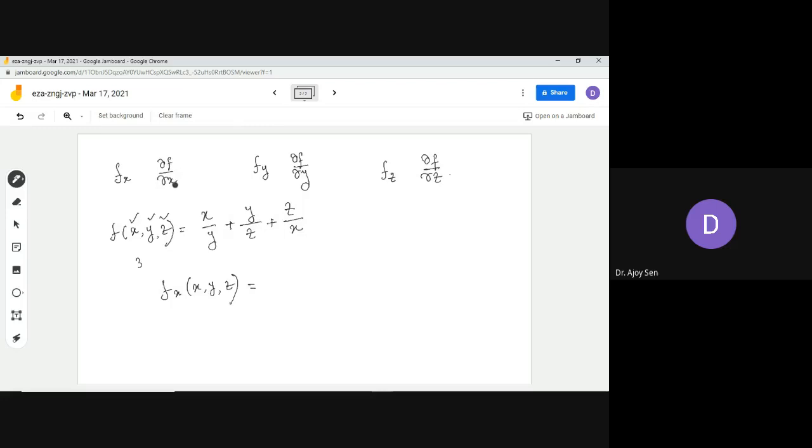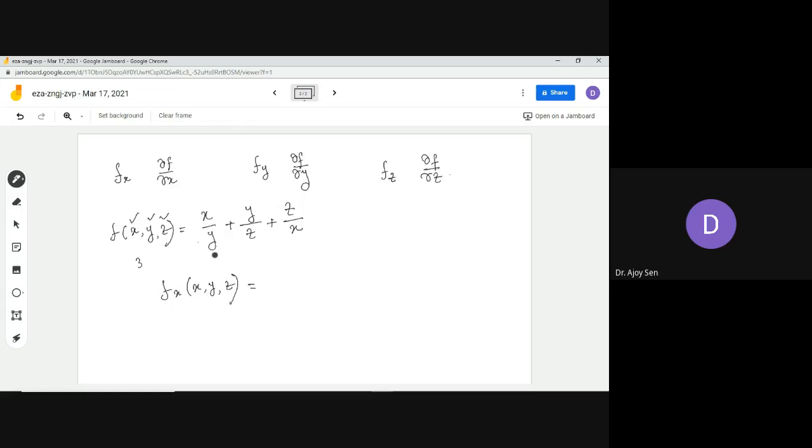That means we are considering the other variables to be constant. While performing this derivative, you should keep in mind that you are taking y and z to be constant. You just treat them as constant.